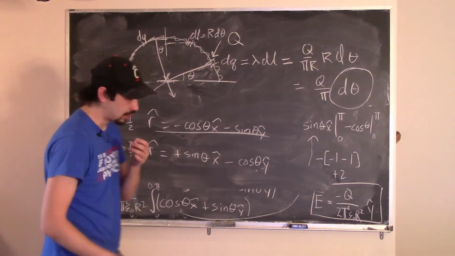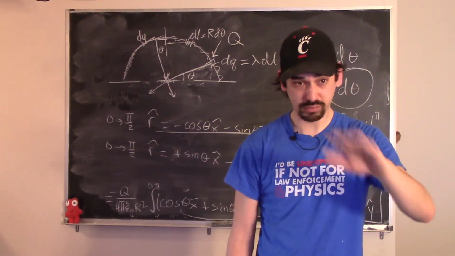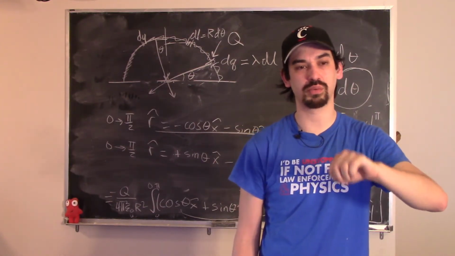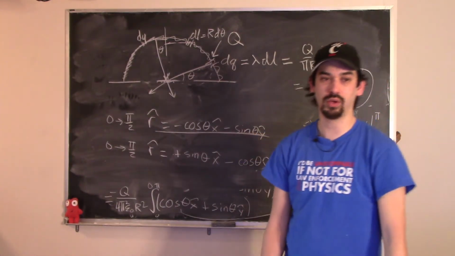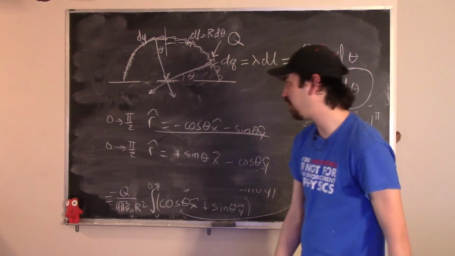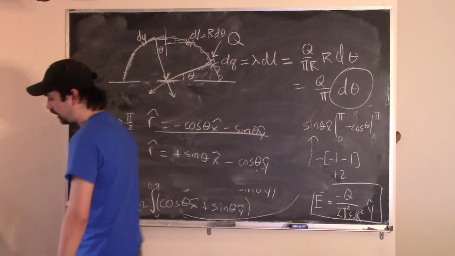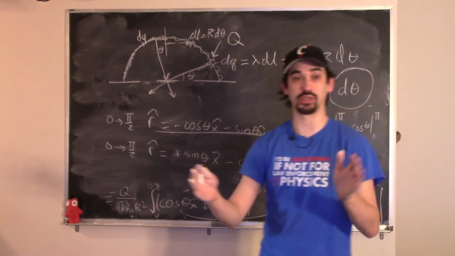But I don't know if I'm actually answering your question or not, Rachel. You should never have to split the integral from 0 to pi over 2 and then from pi over 2 to pi if you have the same charge distribution and you have the same r hat. You can always just do it as one integral.